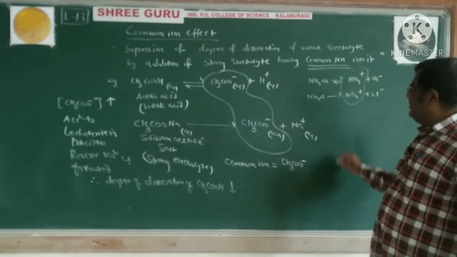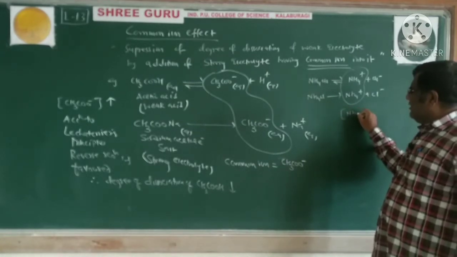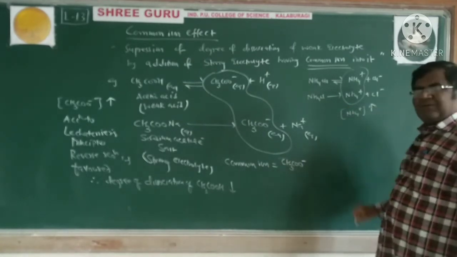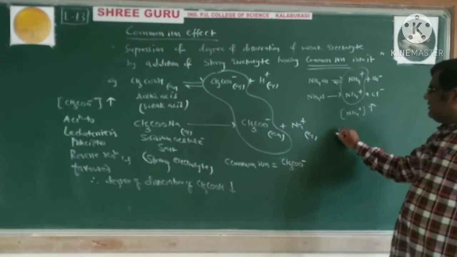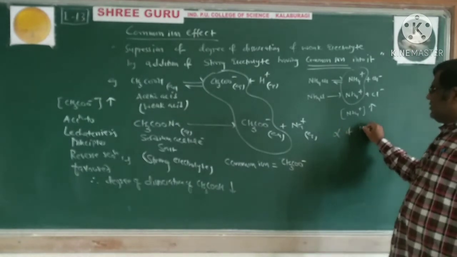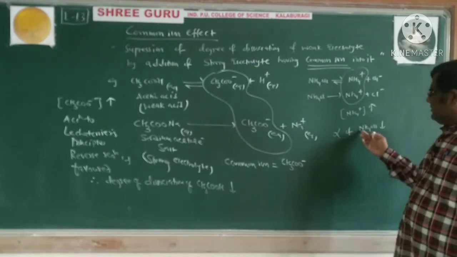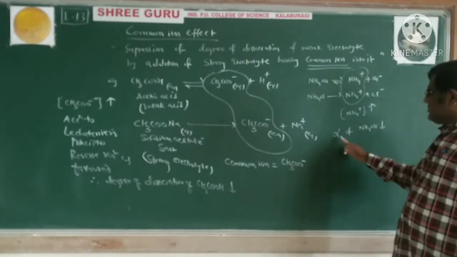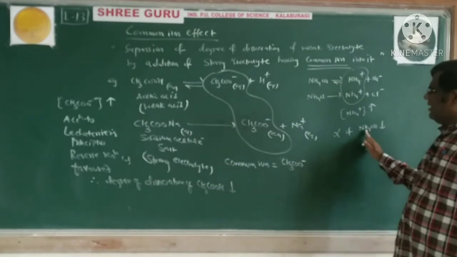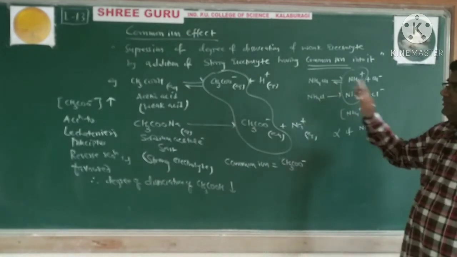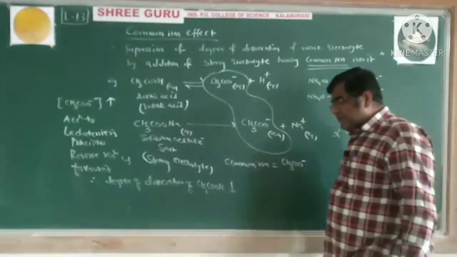This is the common ion. The molar concentration of ammonium ion increases. The degree of dissociation of ammonium hydroxide decreases. So this degree of dissociation has decreased for a weak electrolyte by addition of a strong electrolyte. That's what we call the common ion effect.